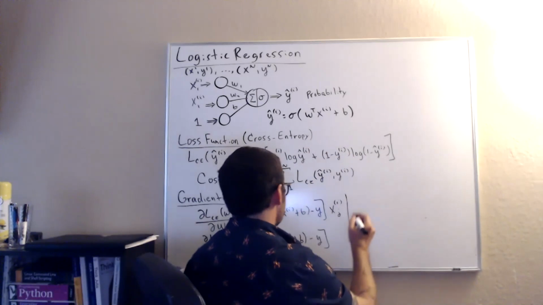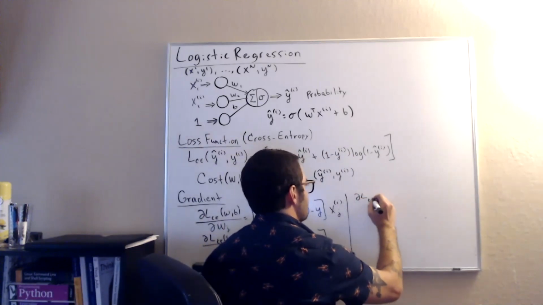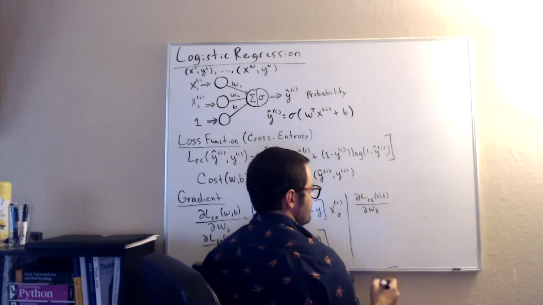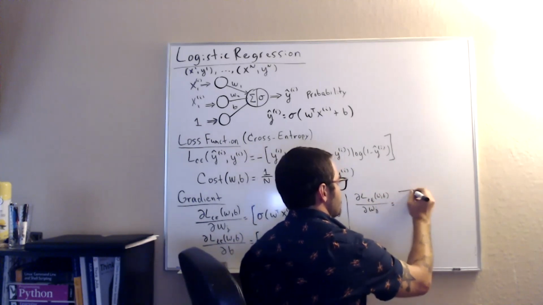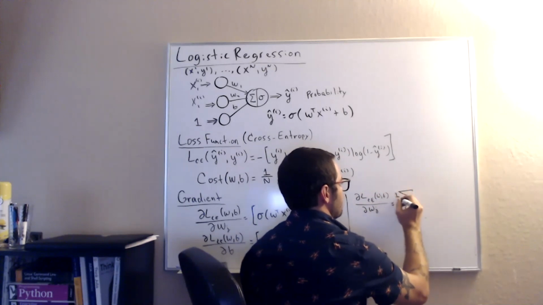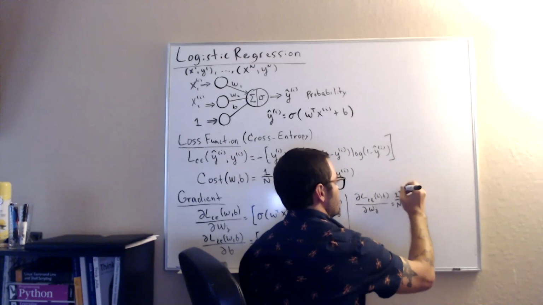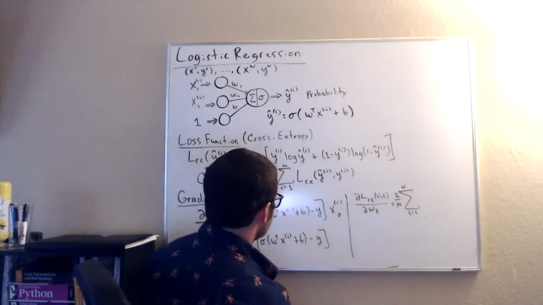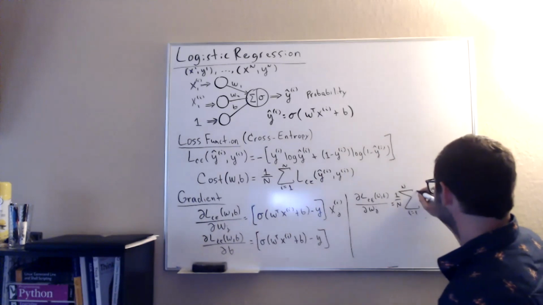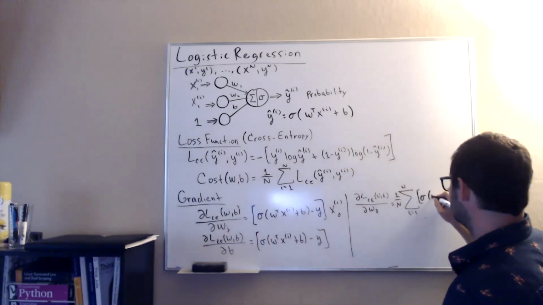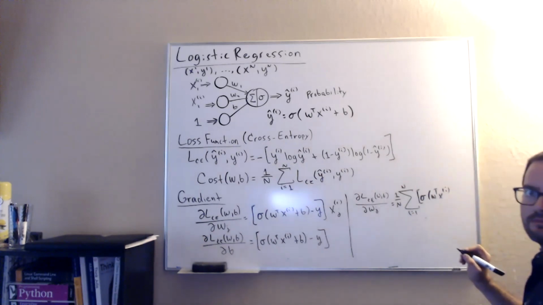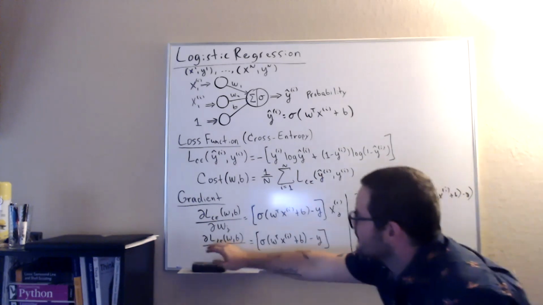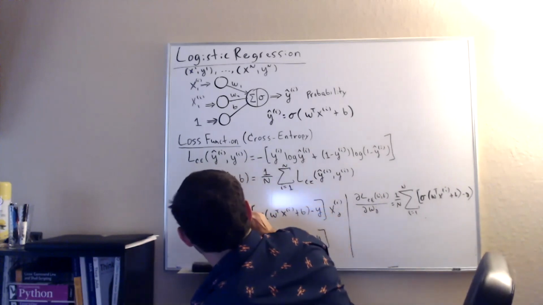Now for the full batch, the partial of the cross entropy loss for weights and biases for j is equal to the sum, 1 over capital N, i equals 1 to N. So I'll go ahead and write it out: sigmoid of W transpose x i plus b minus y times this notation here.